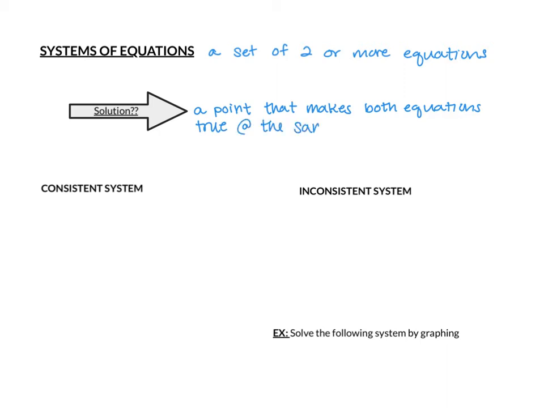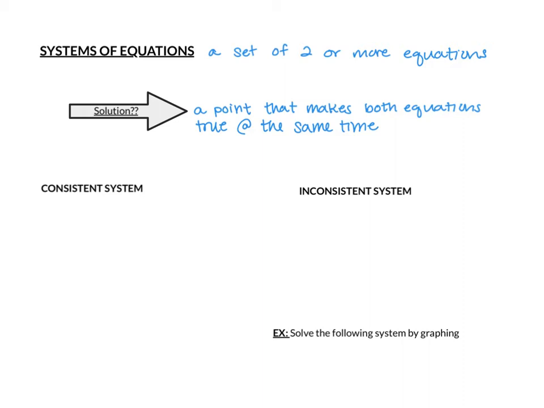That's important, because by very definition, a line is a set of solutions. Every single point along a line is a set of solutions. So the point where they are both equal is the solution to the system as a whole.